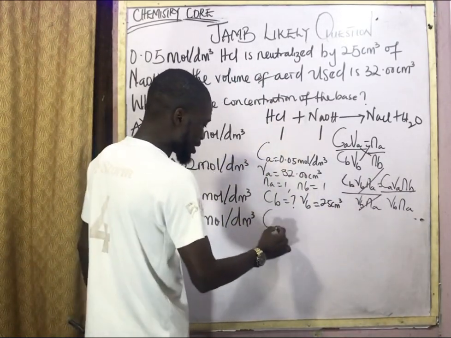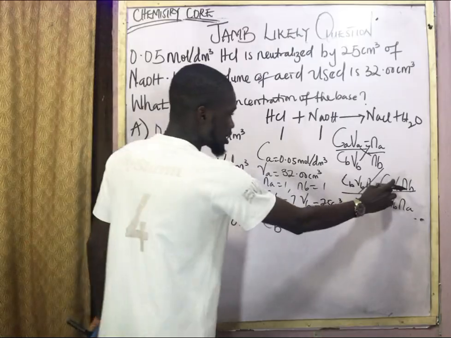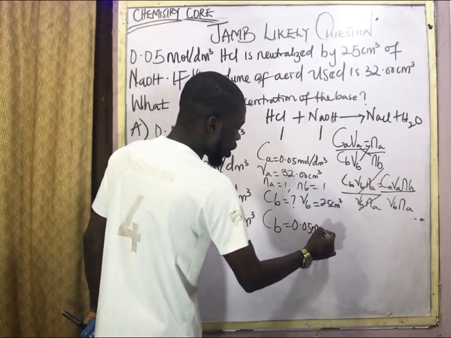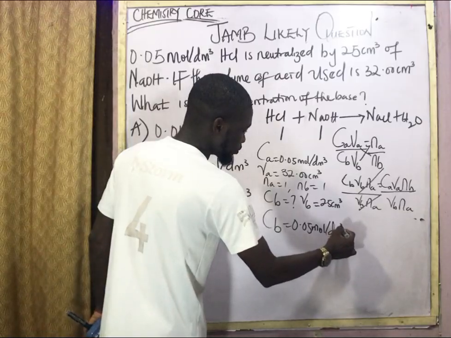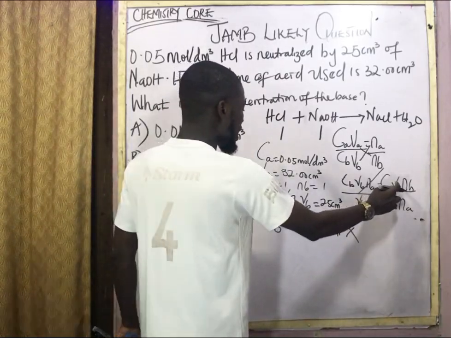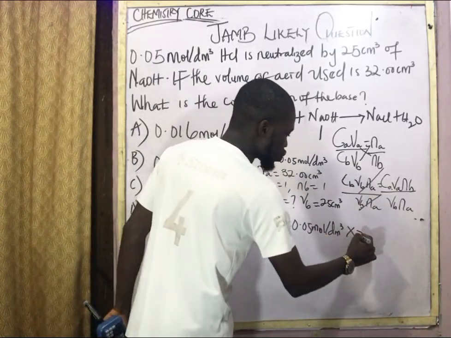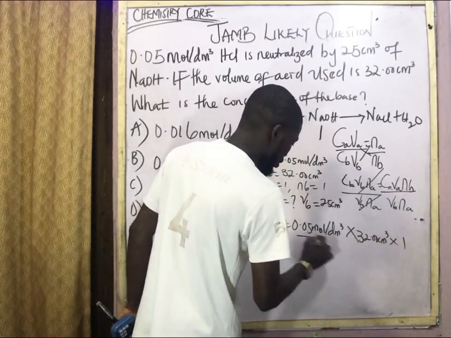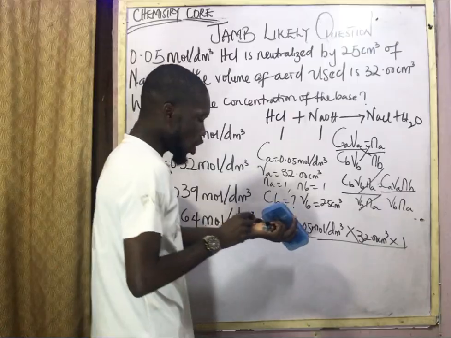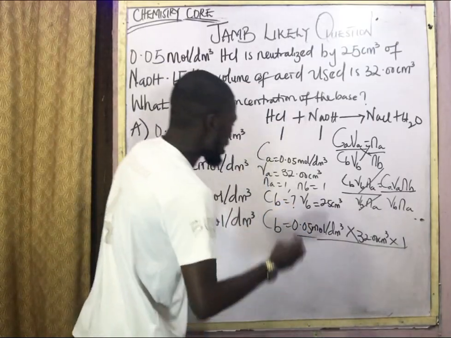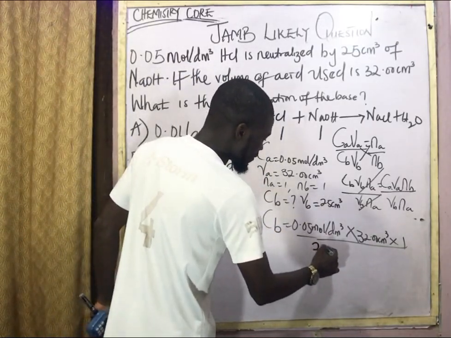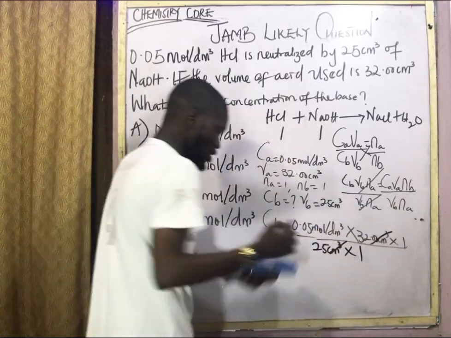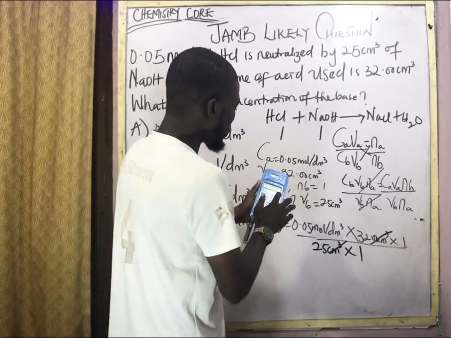In that case, my Cb equals Ca, which is 0.05 mole per dm³, multiplied by my Va, which is 32.0 cm³, multiplied by 1, and for the Vb is 25 cm³ multiplied by 1. The cm³ will cancel the cm³.